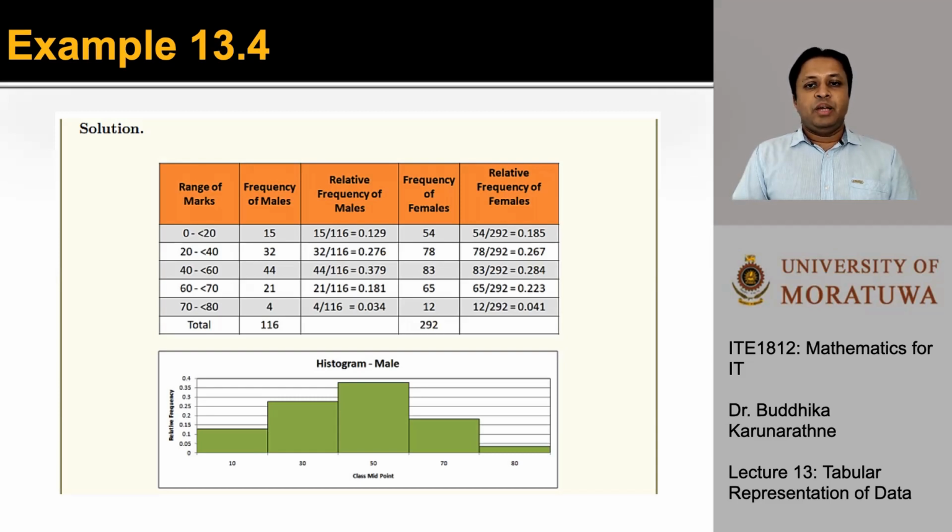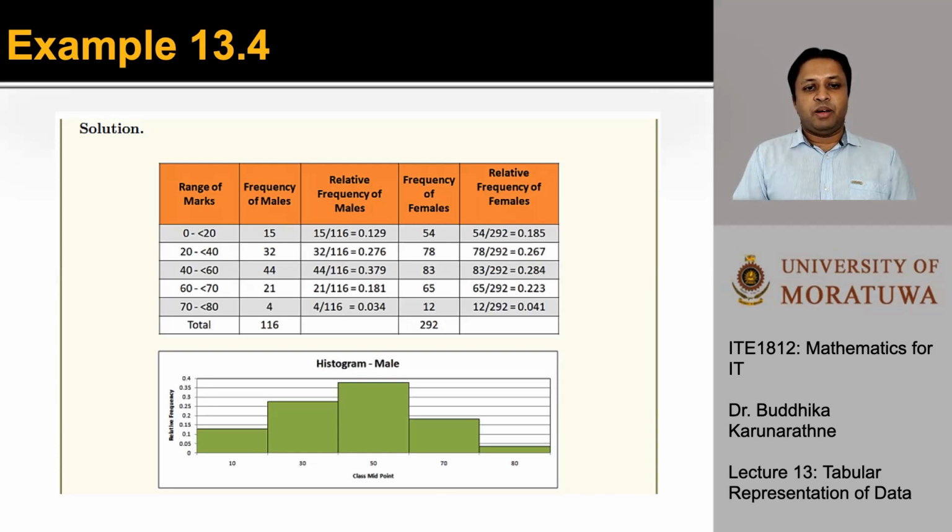So when you have these relative frequency values, you can first come up with the relative frequency histogram. So how do you do that? We have discussed that in a previous class. You draw the histogram based on the different classes, 0 to 20, 20 to 40, and on the y-axis, you have the relative frequencies.